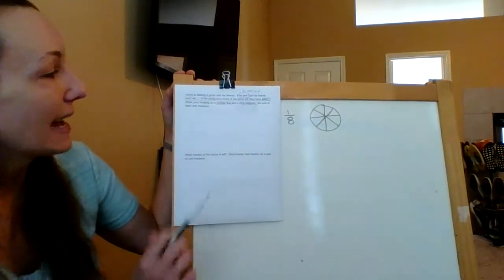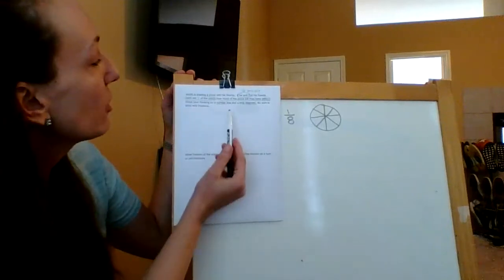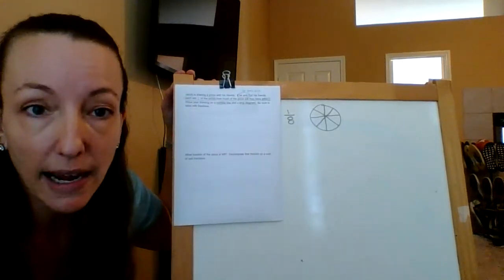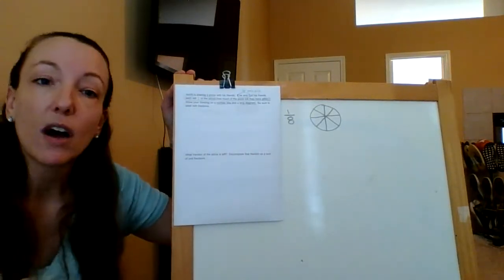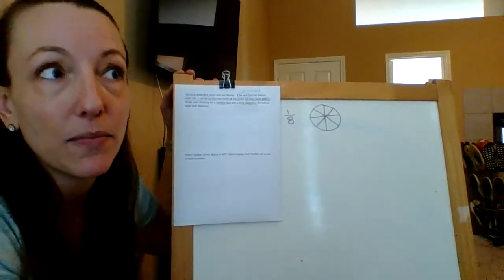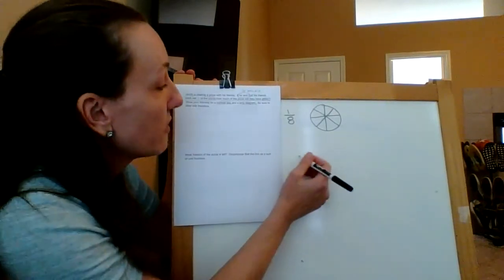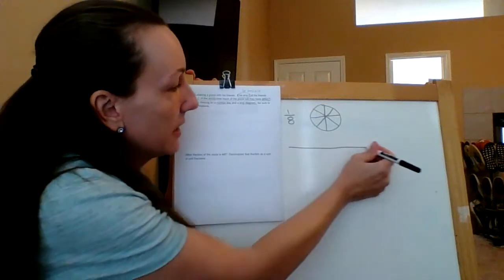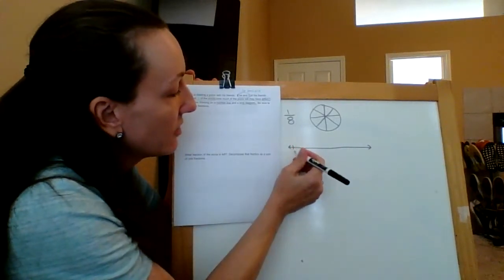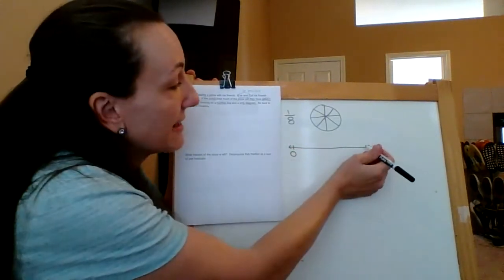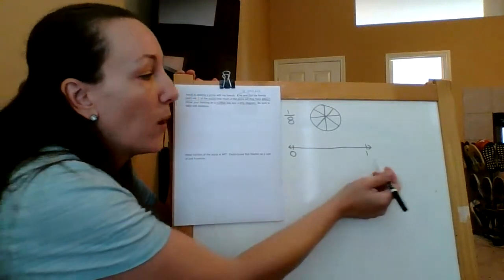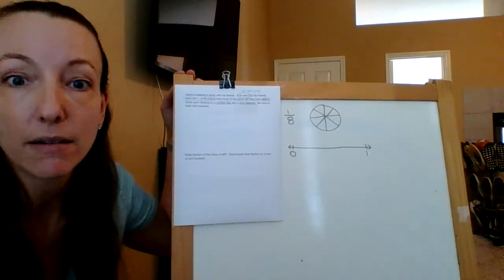But I'm being asked to show it on a number line and a strip diagram. Now, number lines you saw on the Nearpod a lot yesterday, so I'm going to start with that. Here's my number line. It's going to start at 0, and it's going to end at 1 because this is one whole pizza, right?